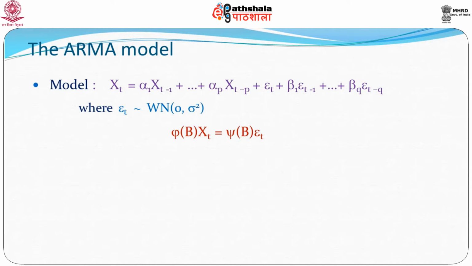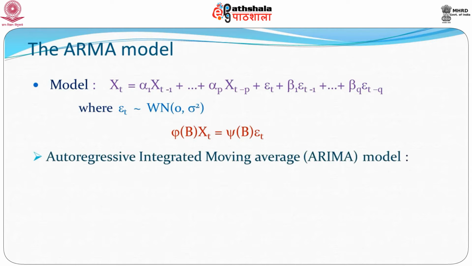The autoregressive integrated moving average model or the ARIMA model is just a variant of the ARMA model, where you add on the differencing factor 1 minus B to the power of d. So, if you have a trend, then this 1 minus B to the power of d, this differencing would reduce the non-stationarity of the trend into a stationary component, and then you fit an ARMA model to it.